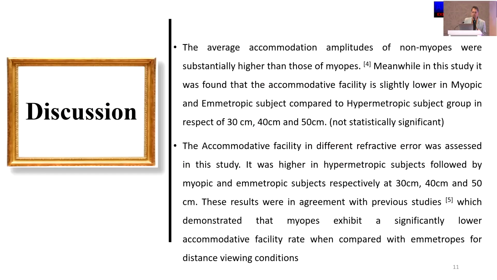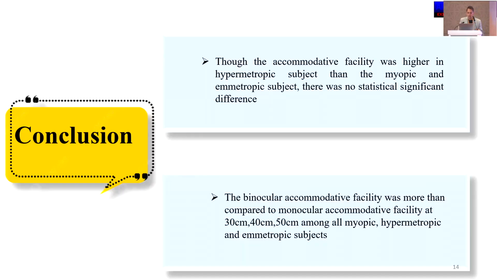So in the discussion, the average accommodation amplitude of non-myopes was substantially higher in earlier studies than myopes. But in this study, we found that accommodative facility was slightly lower in myopic and emmetropic subjects as compared to hypermetropic subjects at all three distances, 30, 40, and 50 centimeters, but it was not statistically significant.